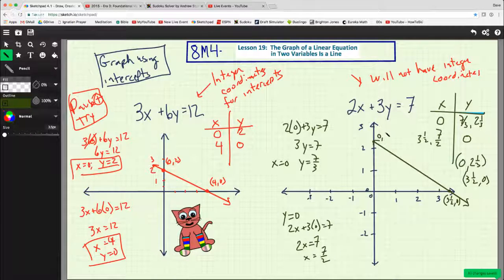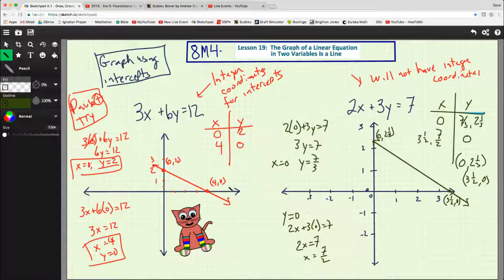I'll label that point. So it's not the best, but it still works. That's still a valid graph. I don't like graphing fractions, but it still works.